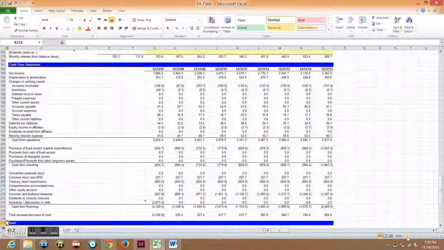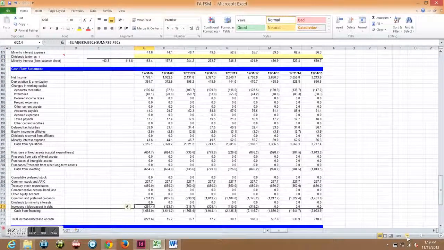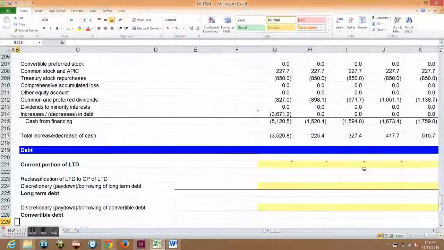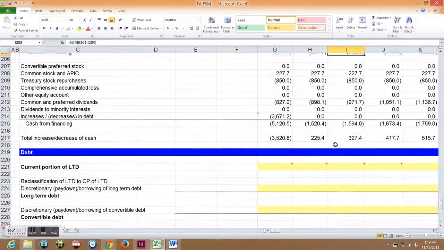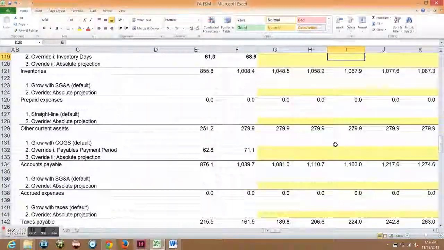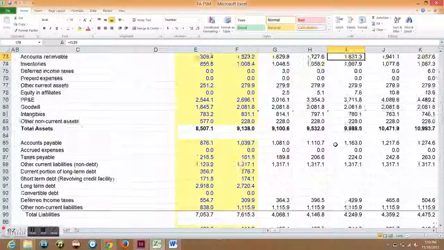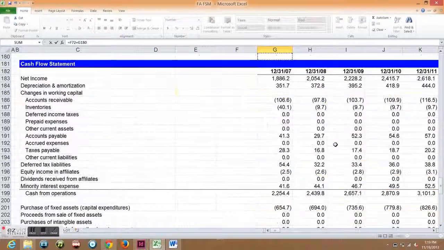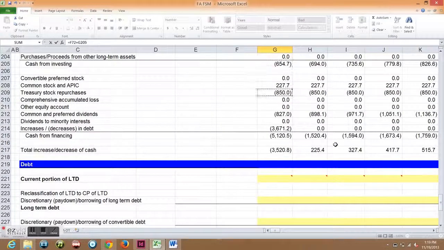There. Just zoom in again. There. Okay, so now we have found our cash and cash equivalents, which is essentially this number plus our increase and decrease in cash.